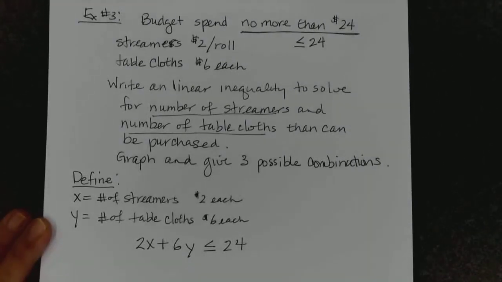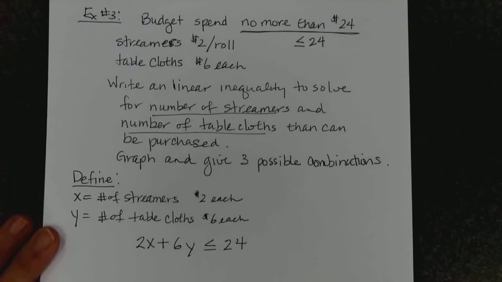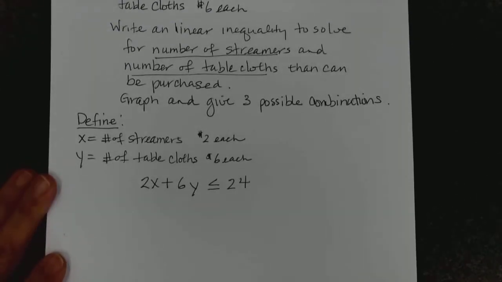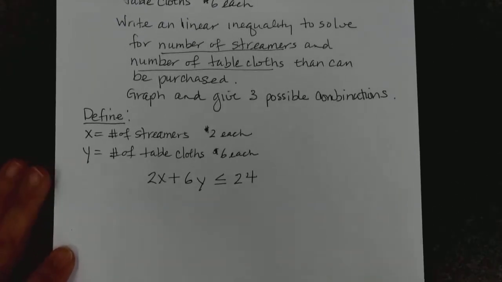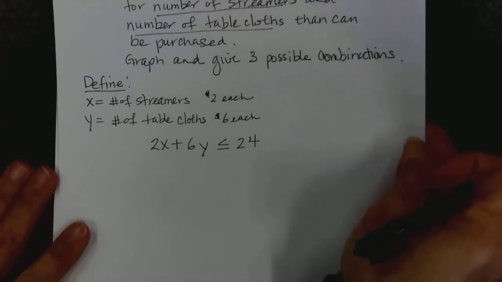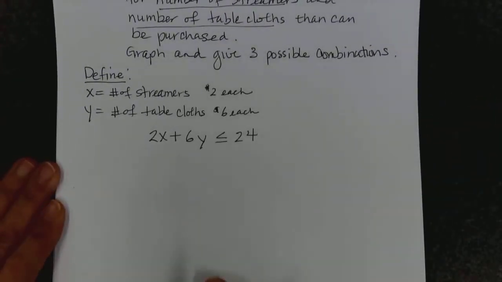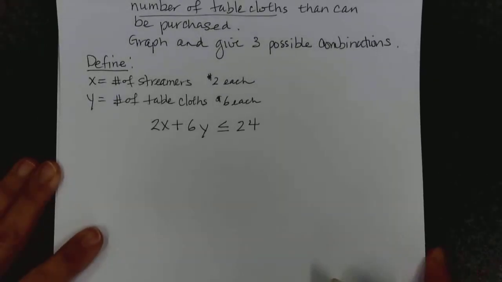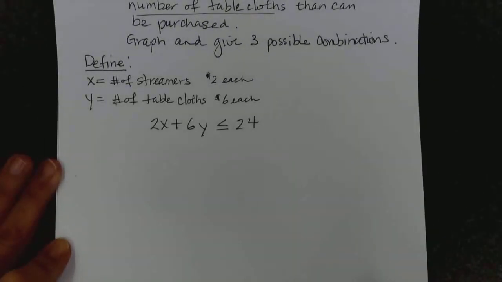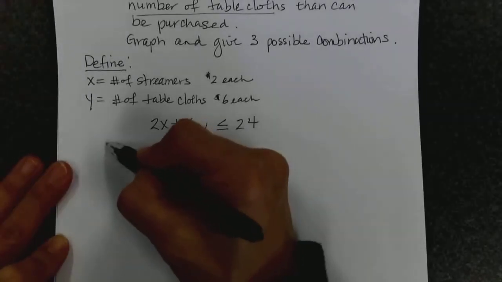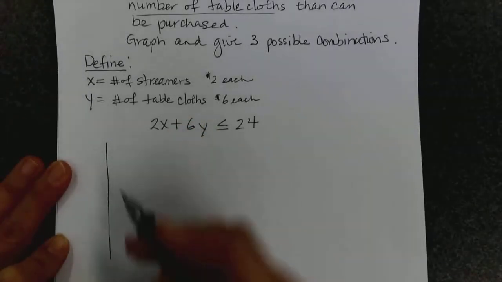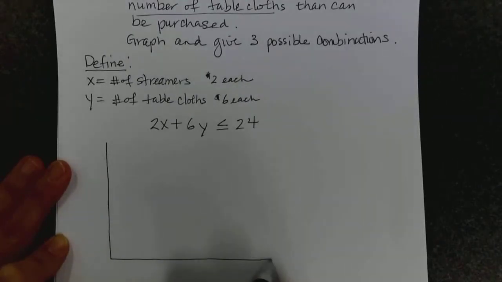And there's my inequality. So now it's in standard form. Sometimes it is easiest to graph this by finding the x-intercept and the y-intercept. Okay, and because we can't buy negative streamers and negative tablecloths, we're going to graph this just in the first quadrant.